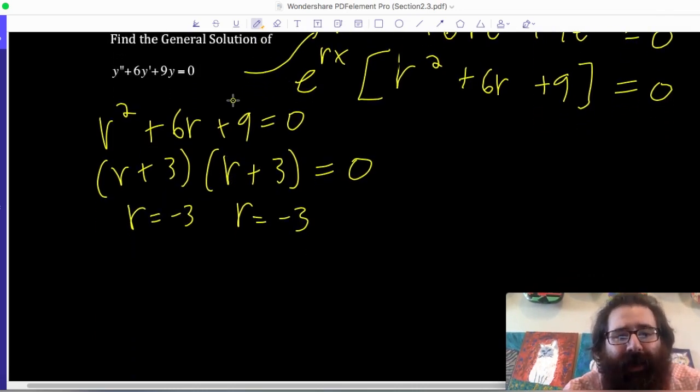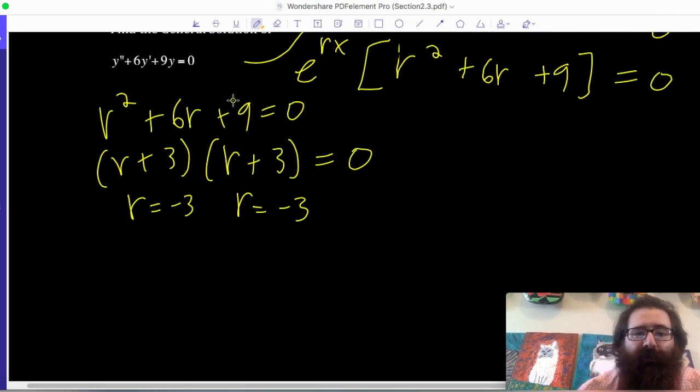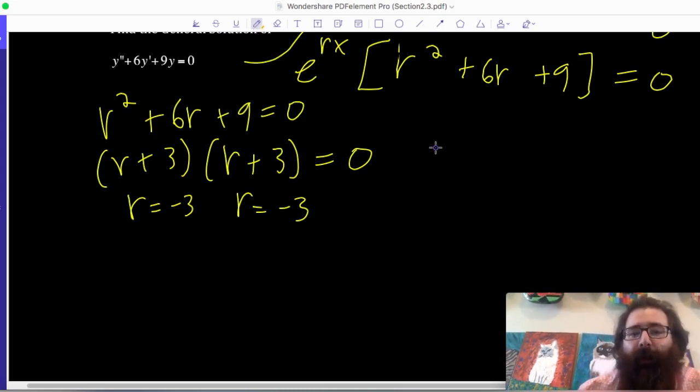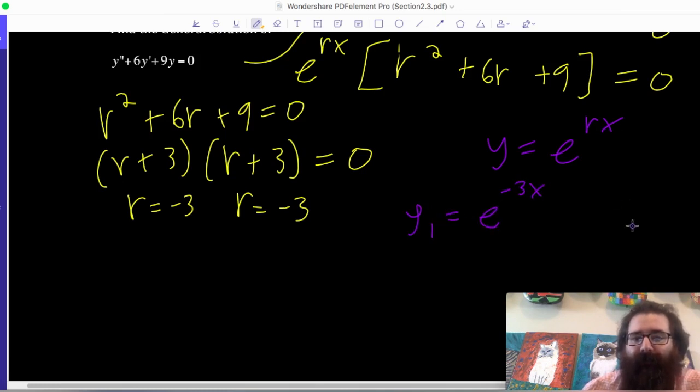The idea is that when I go to build my solution, so now we're looking at this, and if I was just following that very first theorem that we had, we would say, okay, so what is this trying to tell me? It's trying to tell me that the two solutions that I have of the form y equals e to the rx are y sub 1 equals e to the -3x, and y sub 2 equals e to the -3x.